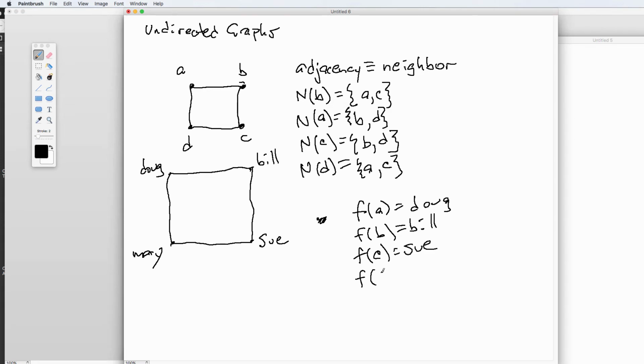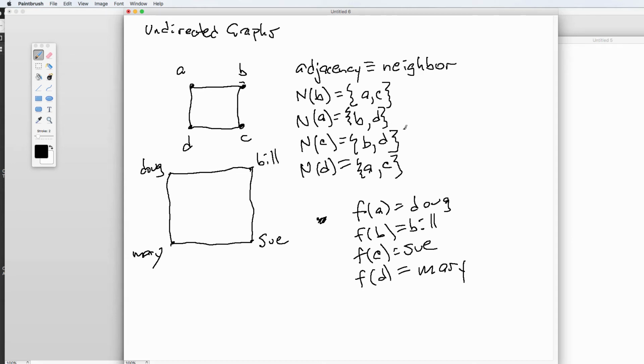And I'm going to say let f of D equal Mary. And what I am suggesting to you is that this function here is going to maintain the notion of adjacency. In other words, over here, notice that I said that f of A is Doug, and notice that the neighbors of A are B and D.